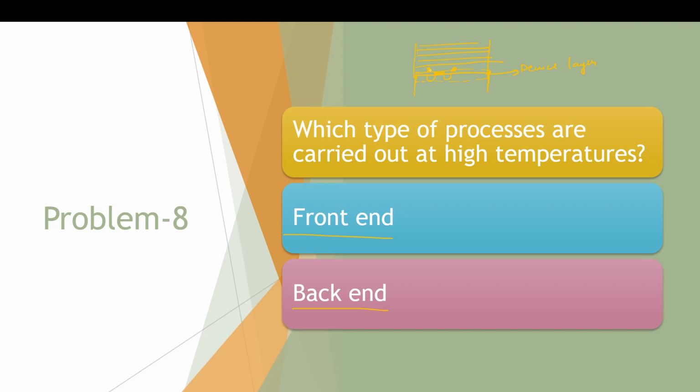There might be metal pads, metal contacts, vias, everything in these layers. All these layers are called interconnect layers, and all the processing, so deposition, etching, or chemical mechanical polishing, all these processes come in the back end process.